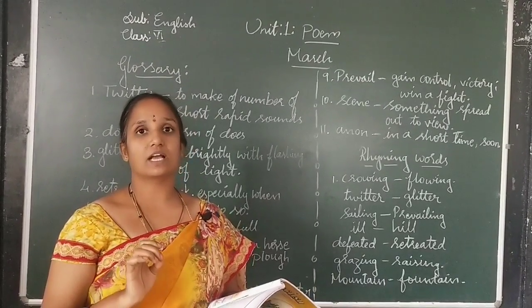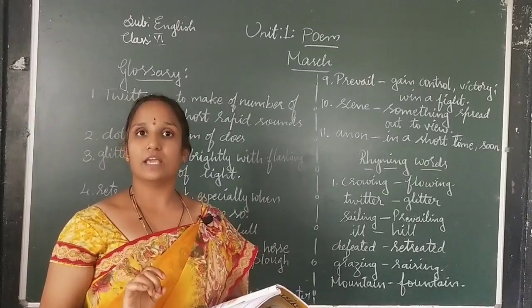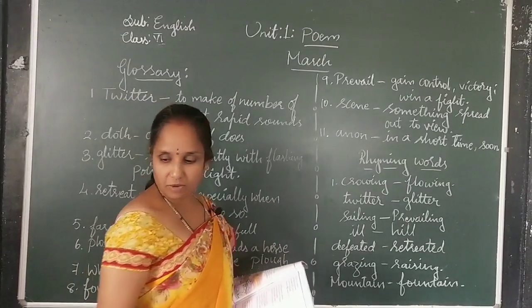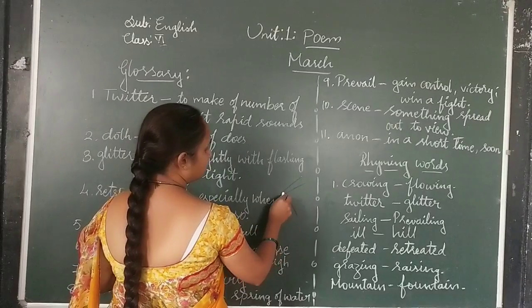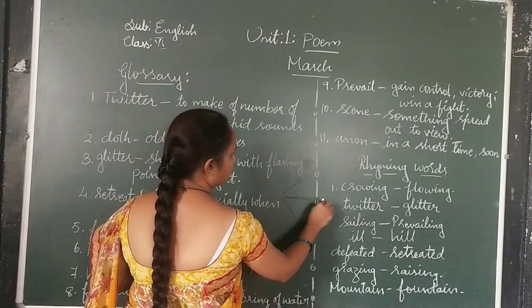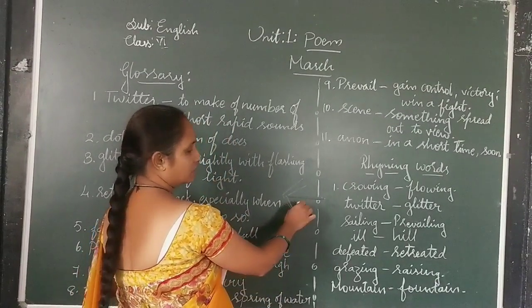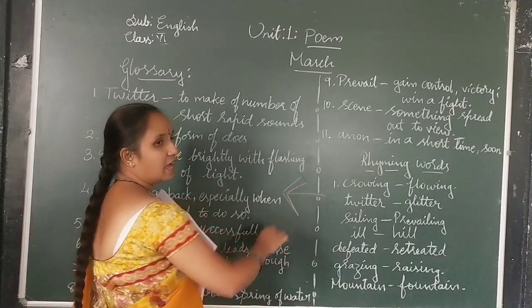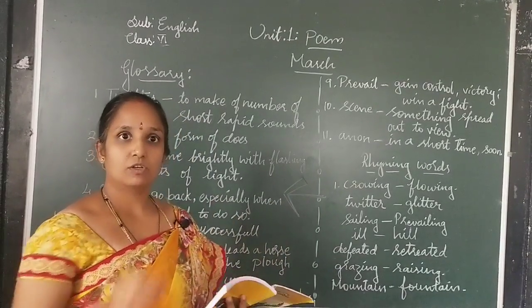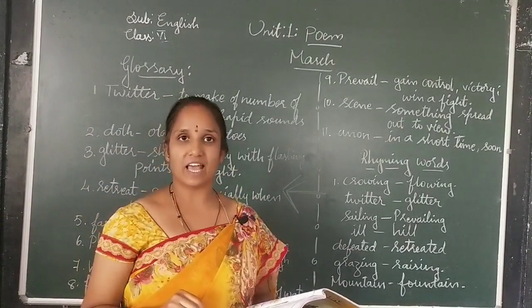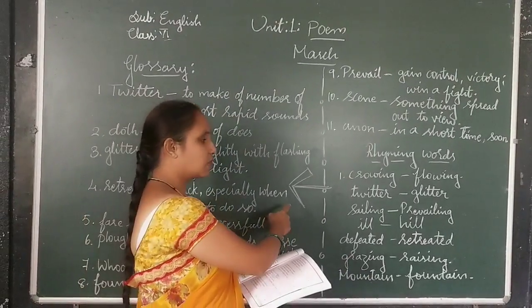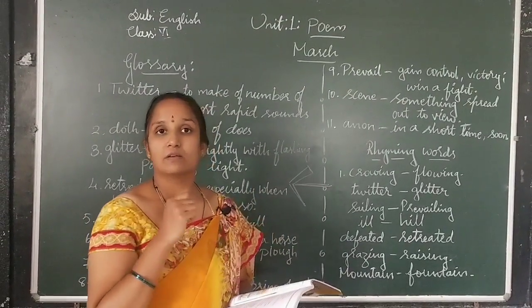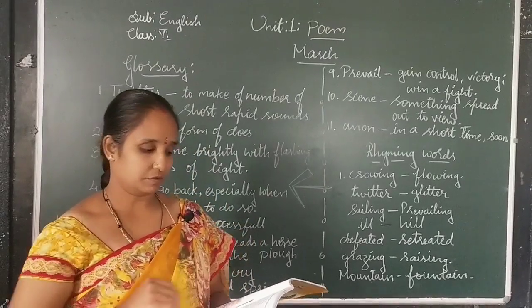Plough means, in Kannada, we call it negilu. It will be in the form of like this, and by this instrument, they plough their fields to cultivate the lands. Here the cattle do this work and the man will be with them.